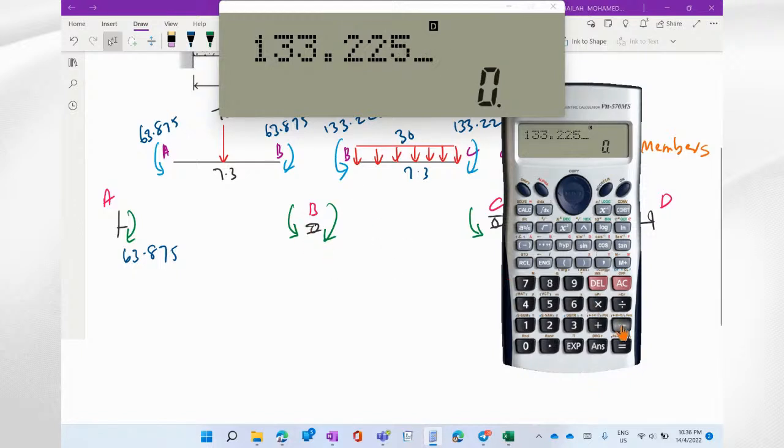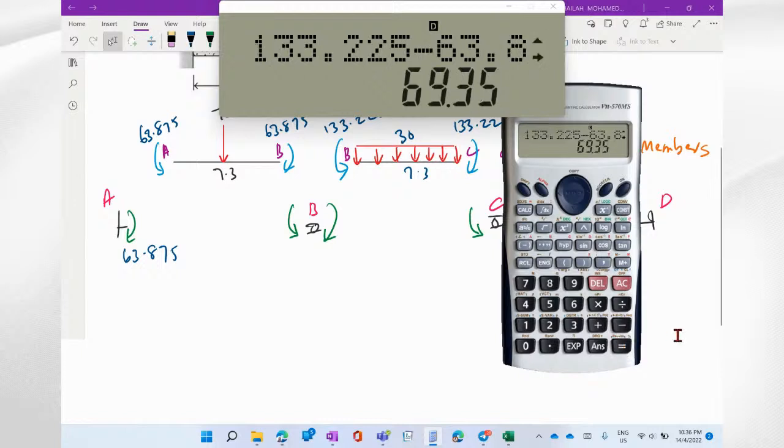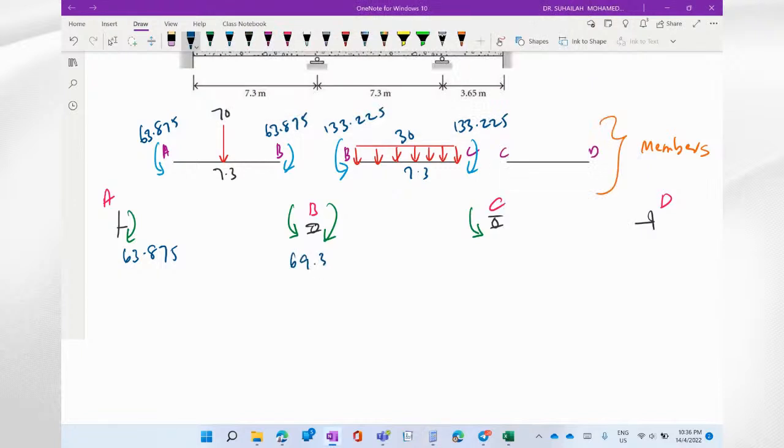minus 63.875. So the total is 69.35. This one is negative. This one is negative.